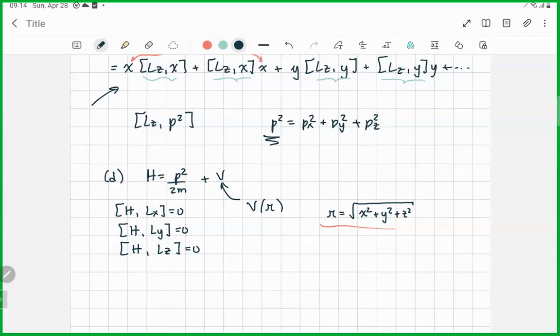Okay, but this we already know how to do. And then you get the commutator for this part of the Hamiltonian. The second part is to check the commutator for the part involving the potential. And this is the part that is a little bit more annoying because you have to deal with this R.